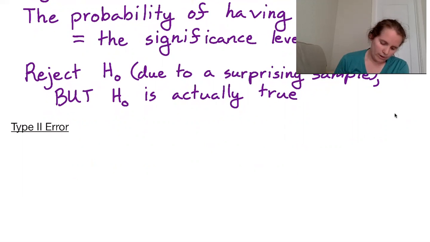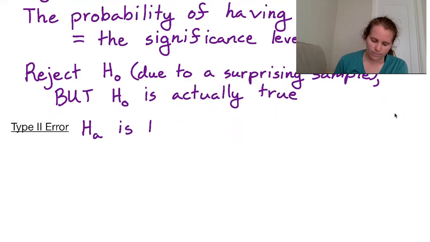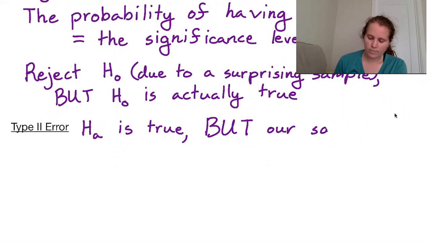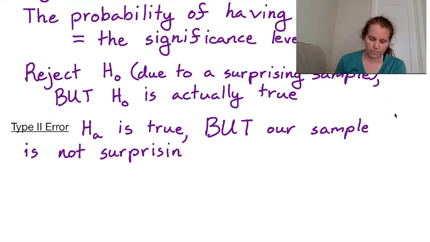So in type 2 error, the alternative hypothesis is true, but our sample is not surprising enough to draw that conclusion.